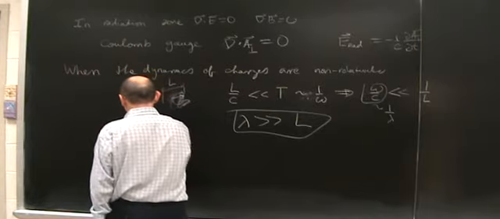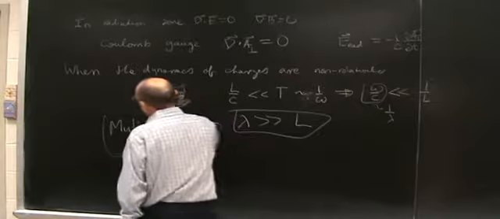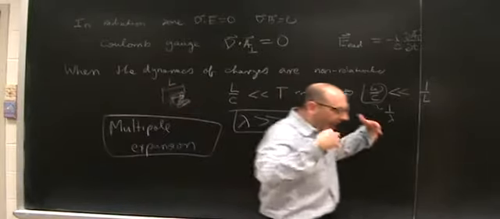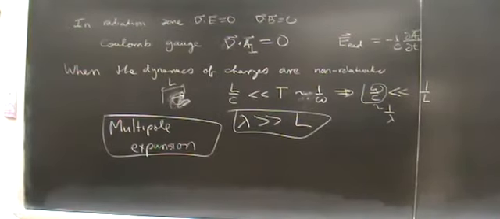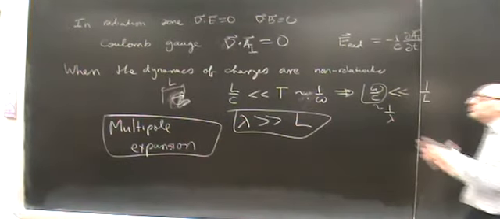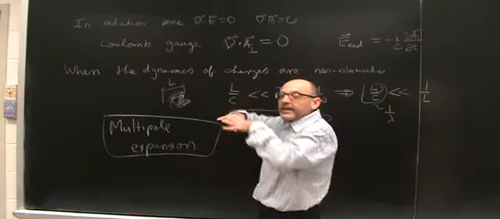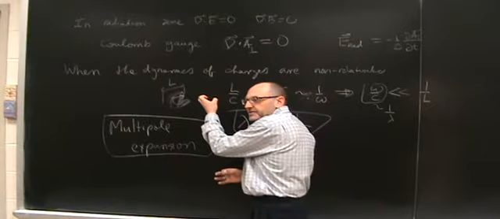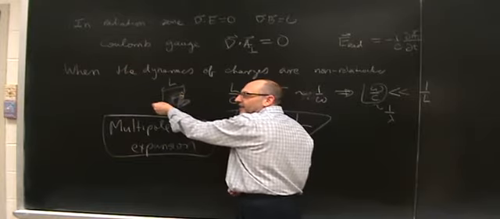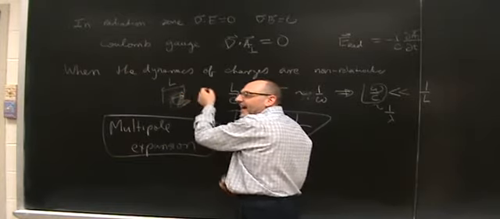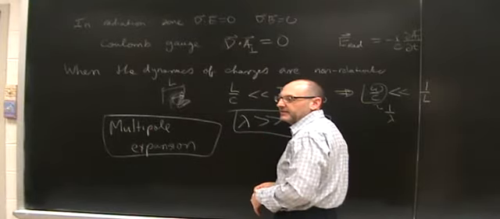Now, I'm not sure if this is something that you've studied yet in 511, but the interaction of an electromagnetic field with a charge distribution can be expanded in a convergent multipole expansion when this is true. If the wavelength is very big compared to the charge distribution, which is equivalent to saying that the time it takes light to travel across the sample is tiny compared to the time it takes the charges to change, then I can make a multipole expansion.